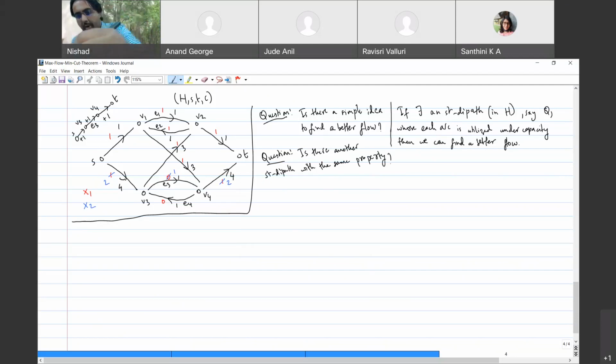What do I mean by the same property? I want each arc to be utilized under capacity. Can you all inspect the digraph and the capacities and everything and tell me if you can find such a dipath?